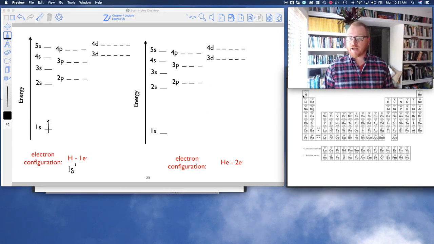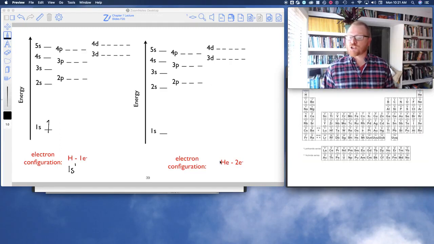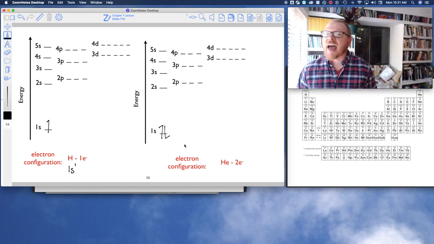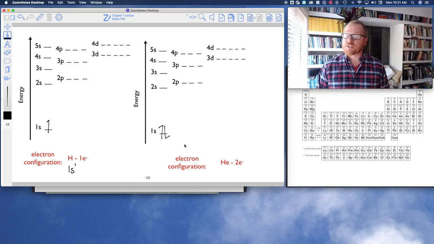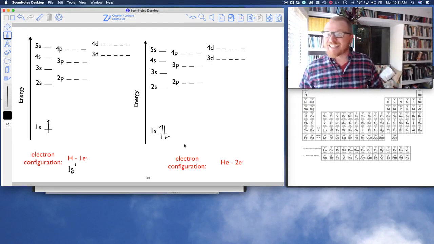So what about helium? Well, helium's next, right? One more over, okay? So helium has 2 electrons. So how do I populate them in this diagram? Well, I go 1, 2, and now that makes an electron pair. This is why helium is a noble gas, because as it turns out, paired up electrons are really stable.